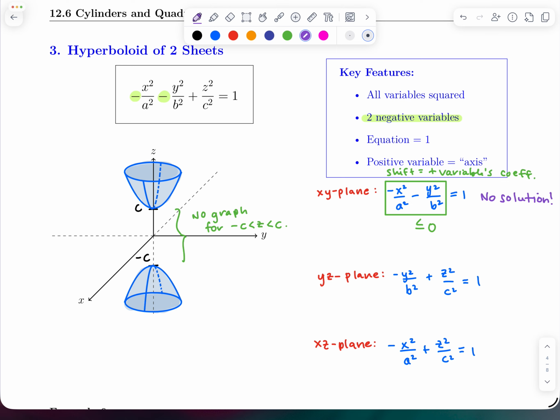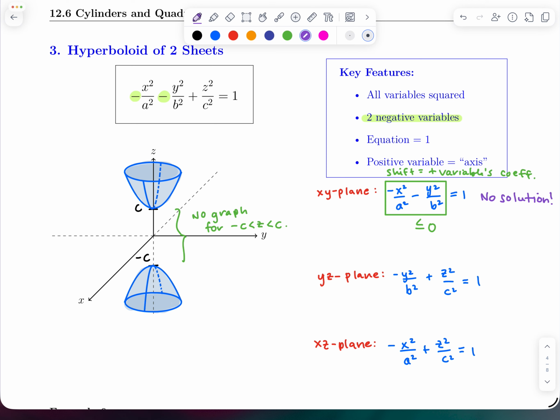But I could pick other values of c and sub those into my equation and see what I would get when I fix different heights to look at. Instead of looking at just the floor of my coordinate system, z equals 0, I could shift up and I could look at, for example, z equals c.